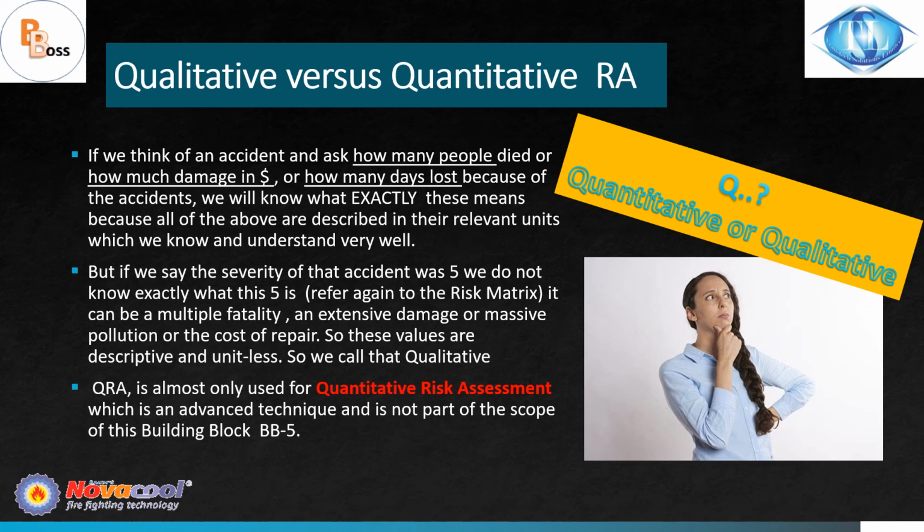So we can still use the risk matrix, and it is qualitative. That's the difference. When we say QRA, we mean the quantitative. It is very beautiful also, but it is a kind of advanced technique and it's not part of the scope of this module.